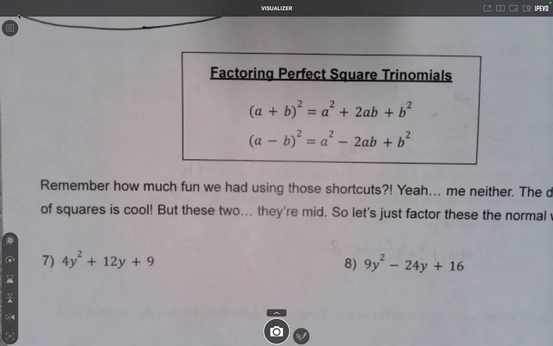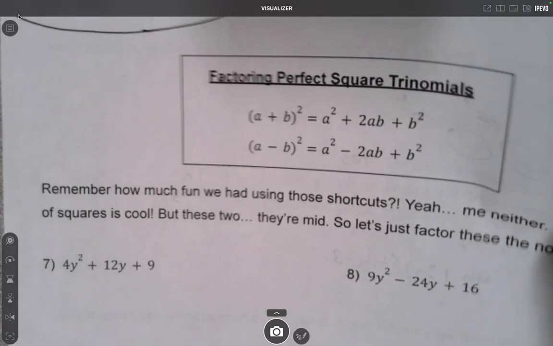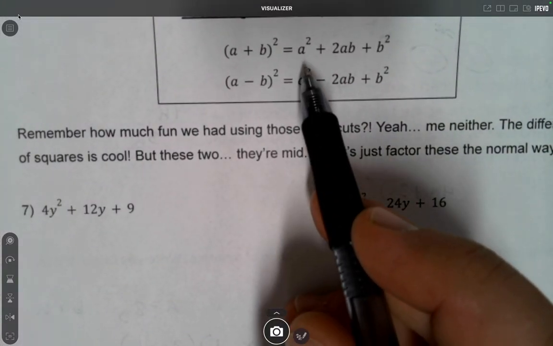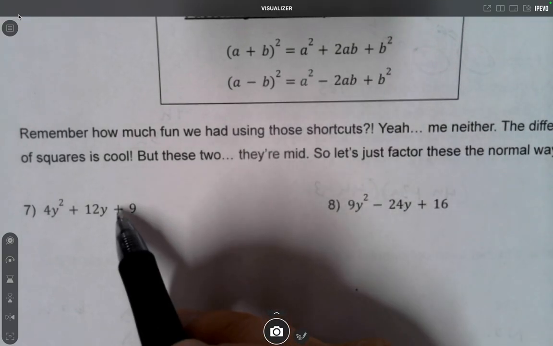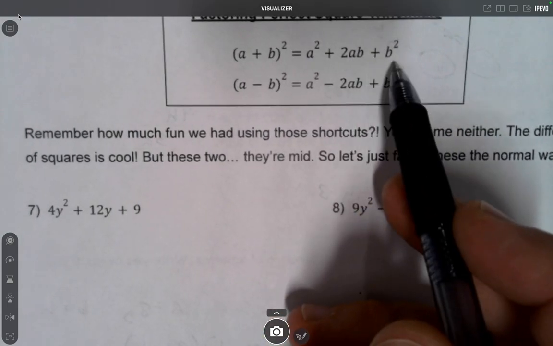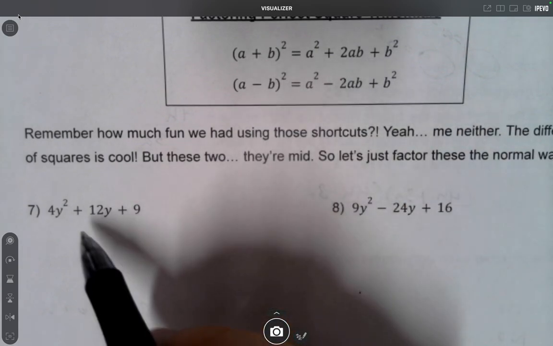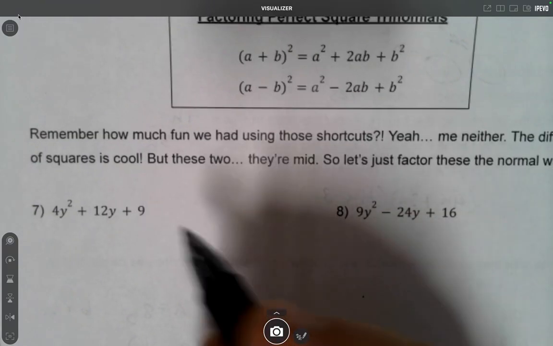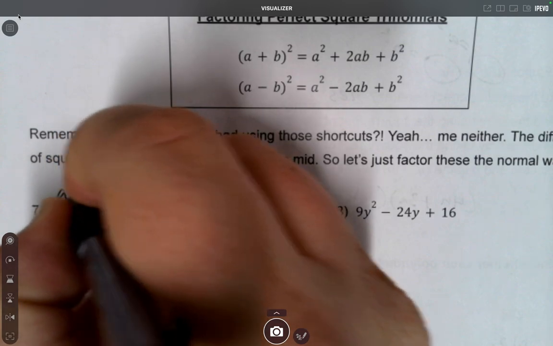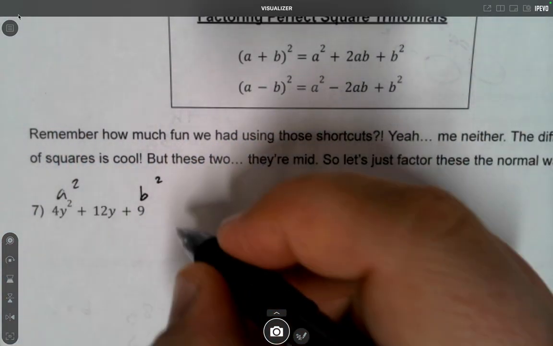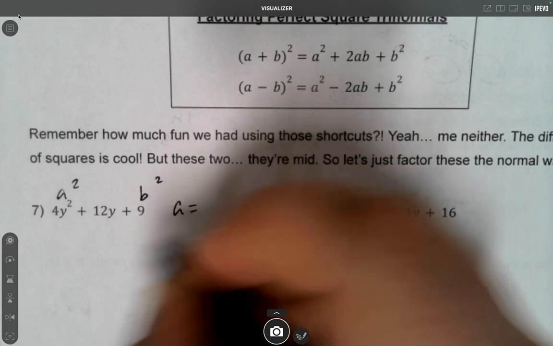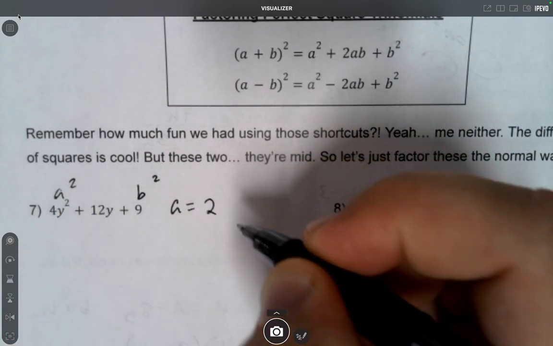So let's identify what we have. So a squared is our first term. I know I'm dealing with this on number 7. I know I'm dealing with the top equation because it's all positives. It's plus plus. So 4y squared is a squared. B squared is 9. So I can get a by taking the square root of that. Square root of 4 is 2.